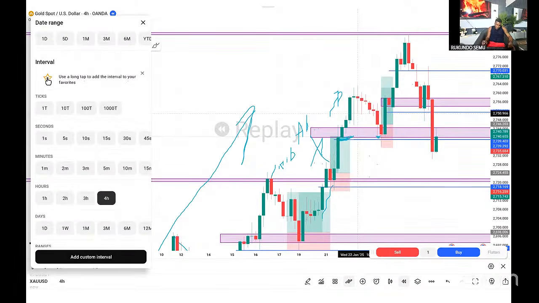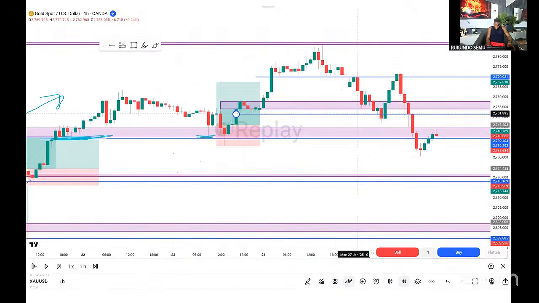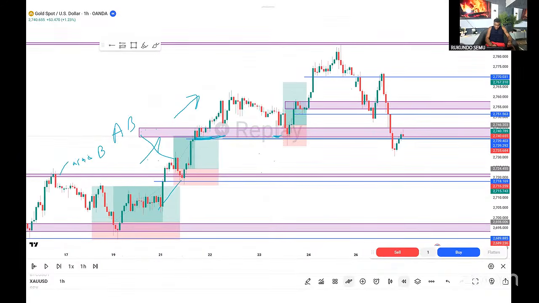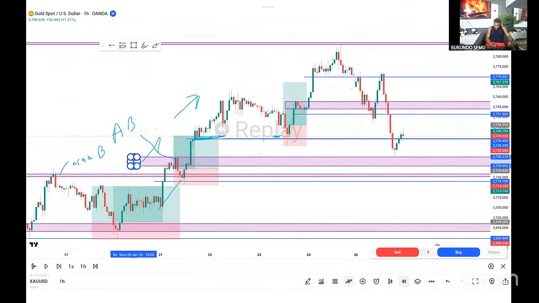But in this case, we can still do what we call inside range trading. Because this market, I'm going to be removing other lines. Because this market has tapped in the area of benefit, let me see. Did it tap in the area of benefit?